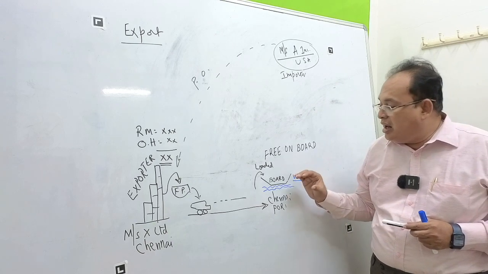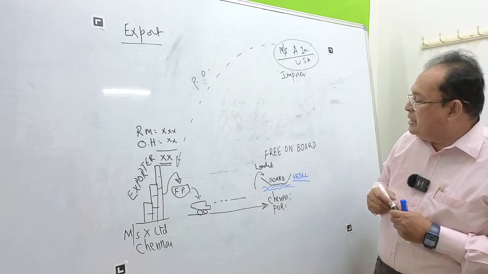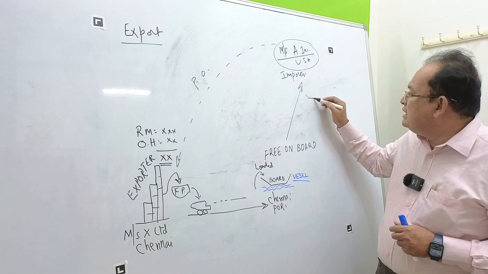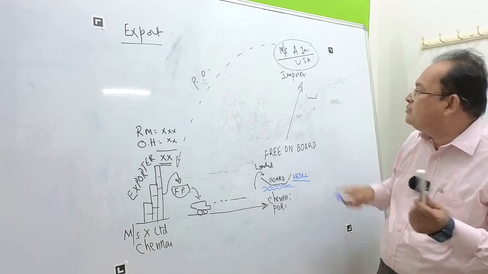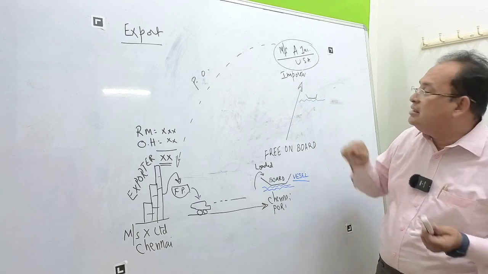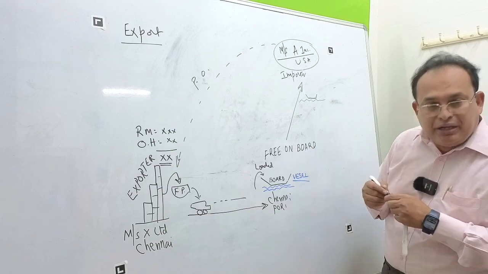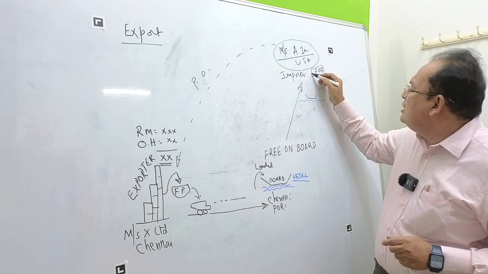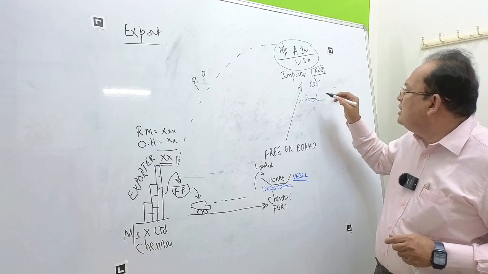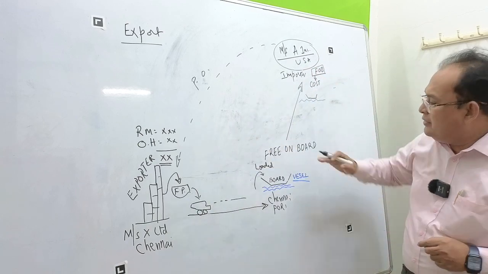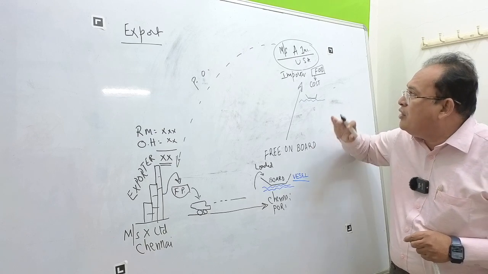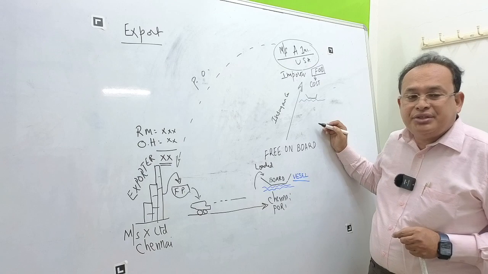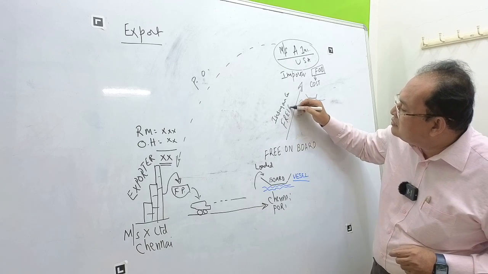Now goods are loaded on board and reaching the importer's place. When the vessel reaches the importer's place, the importer has to pay the cost for the goods or not. The free on board will become cost, because for the price of the goods he has to make the payment to the exporter, and from the exporter's country port to the importer's country port, there is insurance, there is freight.